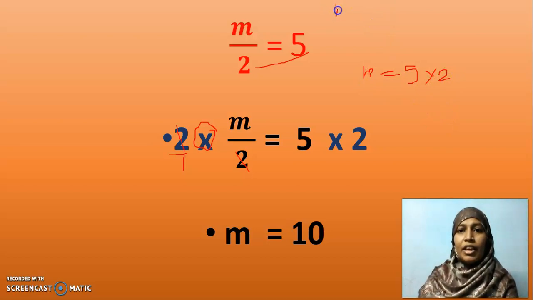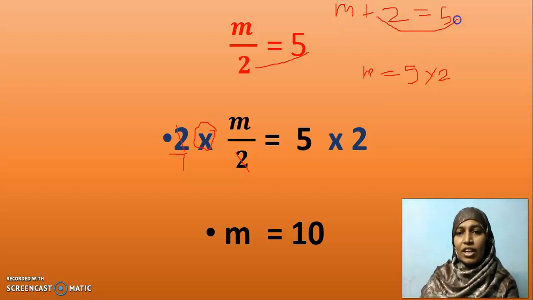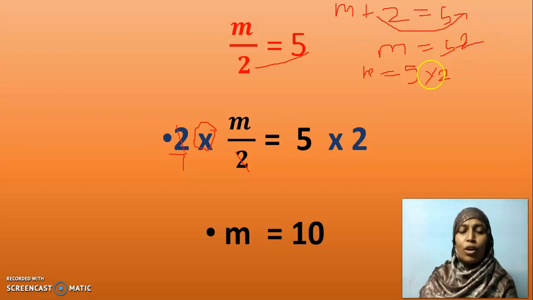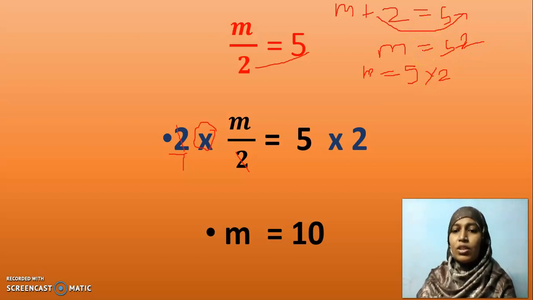If I have m plus 2 is equal to 5, how will it get transferred? If it gets transferred from left hand side to right hand side, it becomes m is equal to 5 minus 2. Okay, children? Now if I have minus here, it will become plus 2. That's how we are going to see it in the next slide. This rule is called transposing.